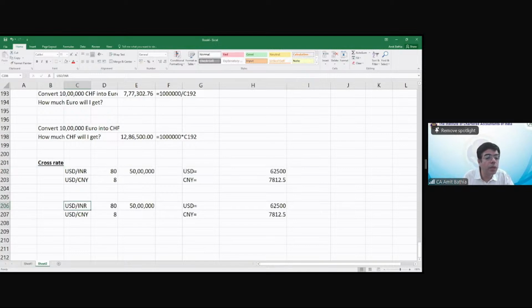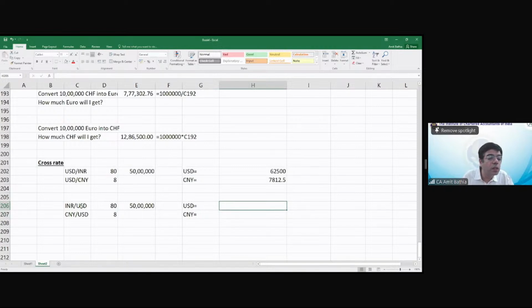Let me put it this way, INR to USD, and I say CNY to USD, making both as direct quotes, right? Same concept is there, same values are there. Now will the answers be any different?